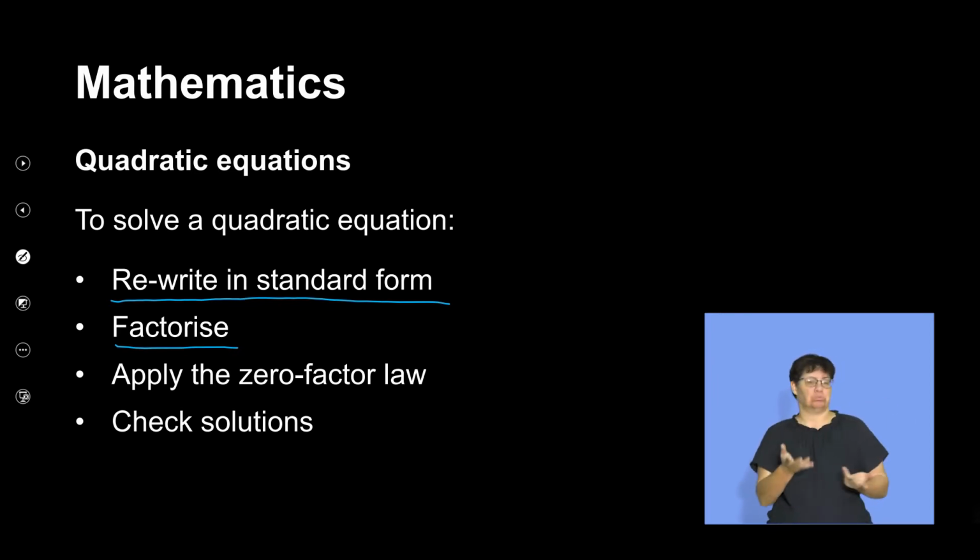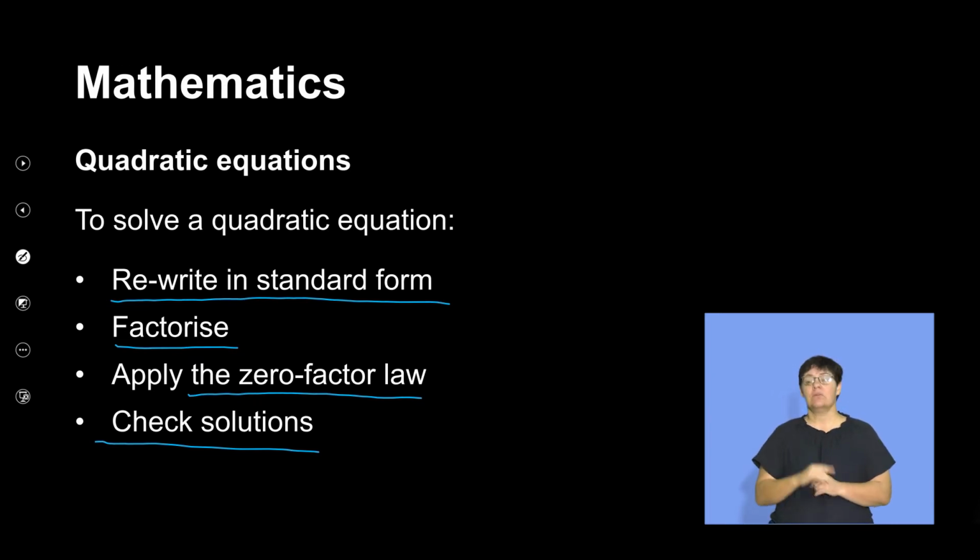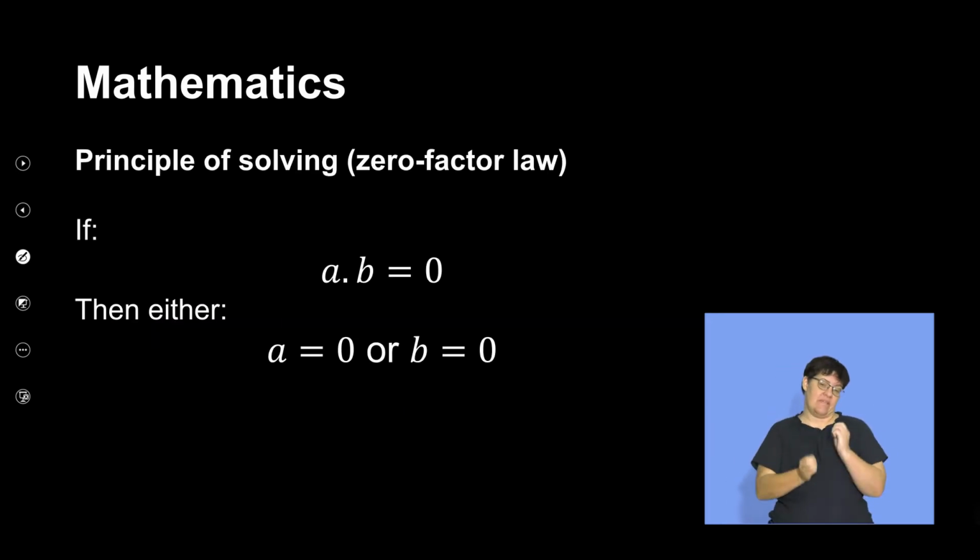It can also be a common factor. And then from there, you apply the 0 factor law, which I'm going to show you just now. Lastly, I want you to always check your solutions, guys. Why is this important? It's because you come out of the exam knowing exactly that I got this right, I got this incorrect, and you might have time to fix the ones that you got incorrect.